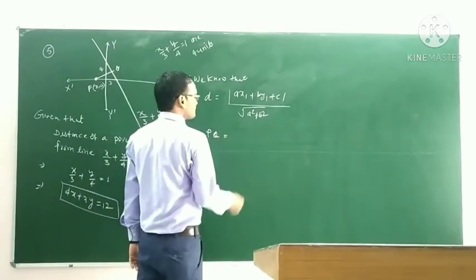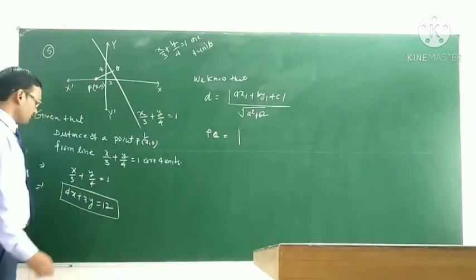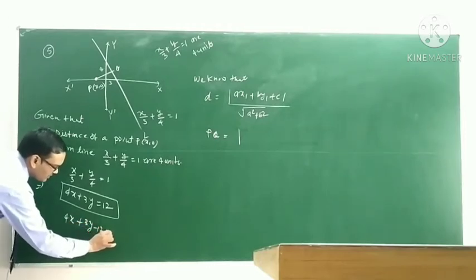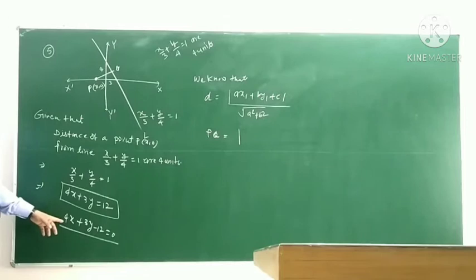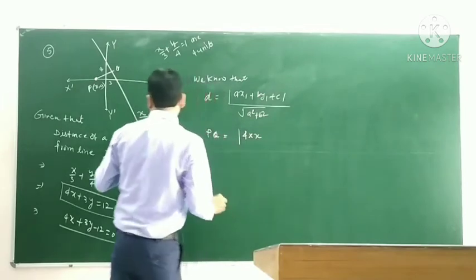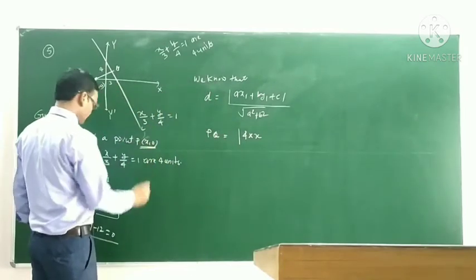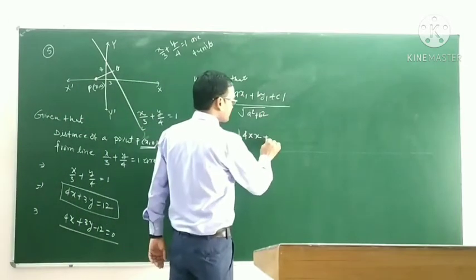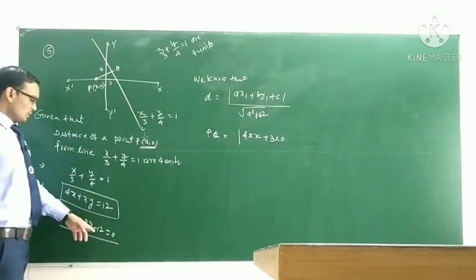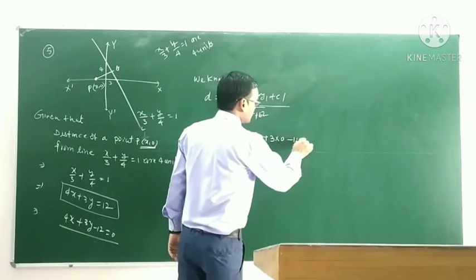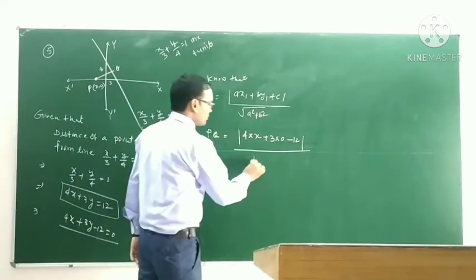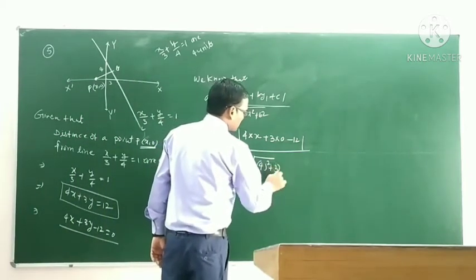PQ equal to mod of, the line is also written as 4x plus 3y minus 12 equal to 0. Here we put the value: 4 times x plus 3 times 0 minus 12 upon square root 4 square plus 3 square.